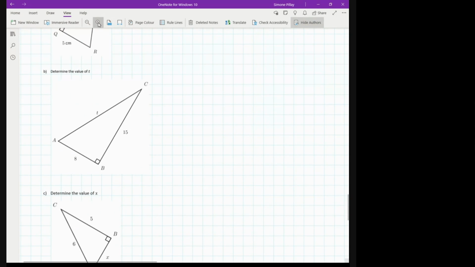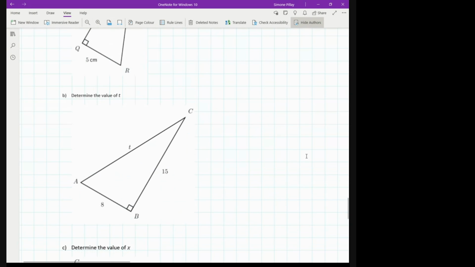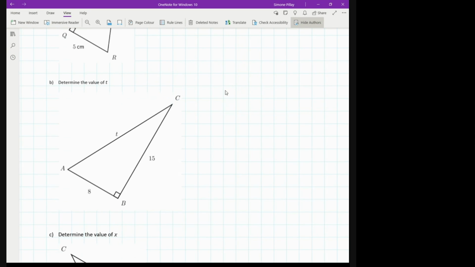Let's try B. So A squared plus B squared is equal to C squared. Wait, what? A squared plus B squared is equal to C squared. Okay, you've done it backwards, but that's fine.